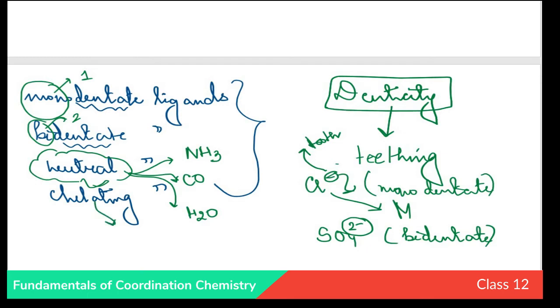Then we have chelating ligands. Chelating ligands are polydentate ligands, to be precise. Now what do you mean by cyclic and non-cyclic? Cyclic ligands are ones which form cycles, like ethylene diamine.